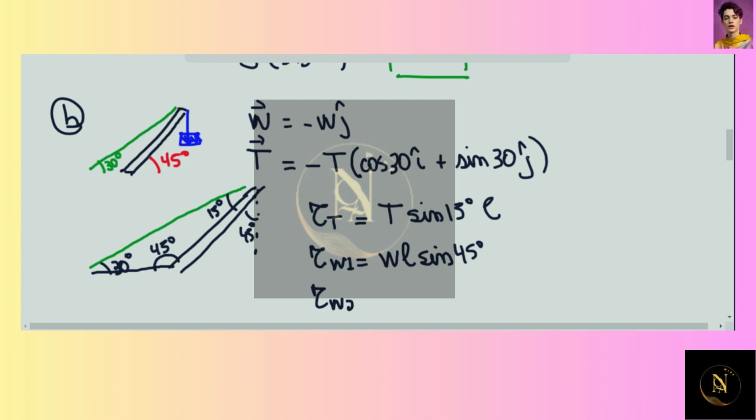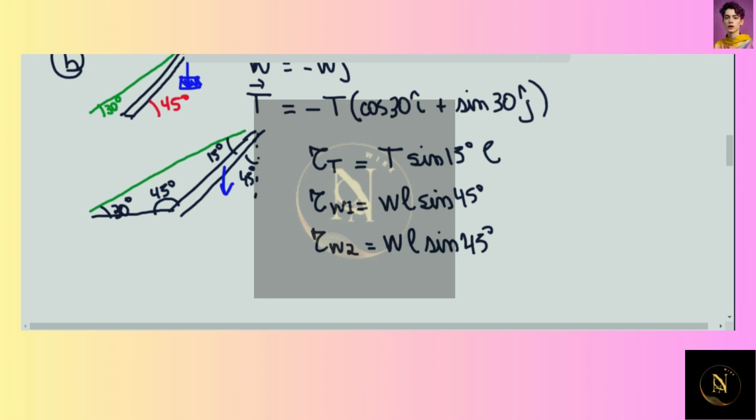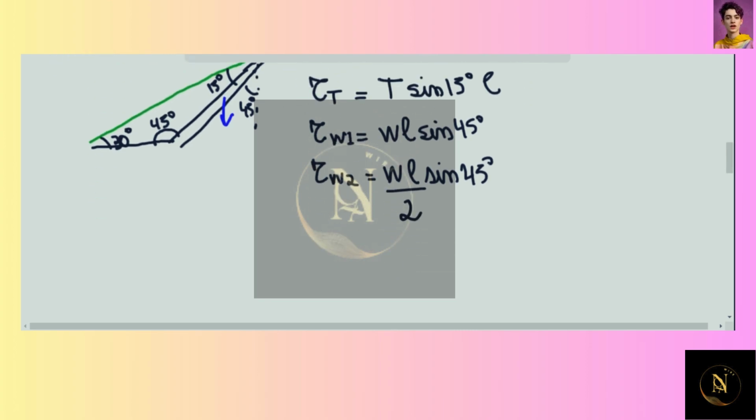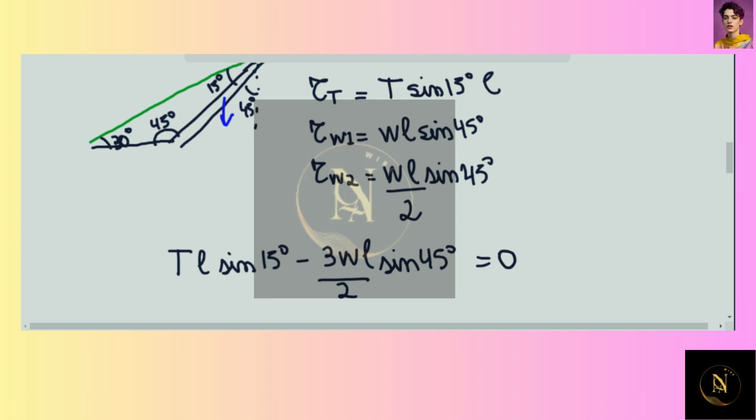Tau W2 is equal to WL sine of 45 divided by 2, since it's applied here. Okay, so the total torque is TL sine of 15 minus 3WL over 2 sine of 45, and this is equal to 0.